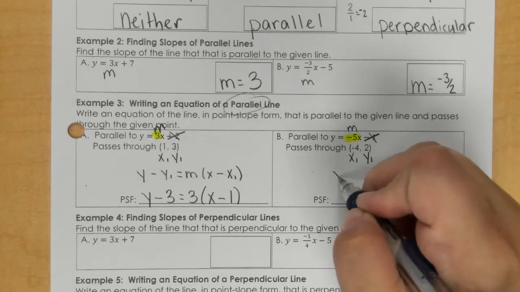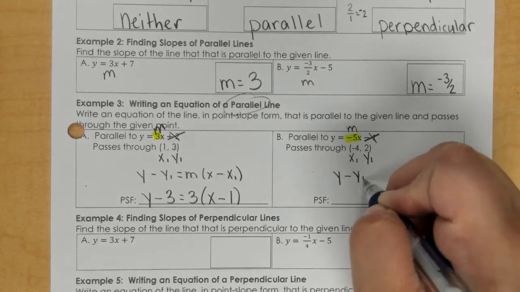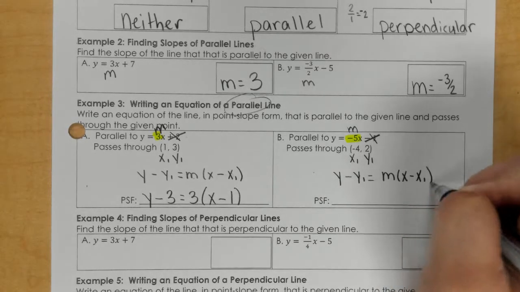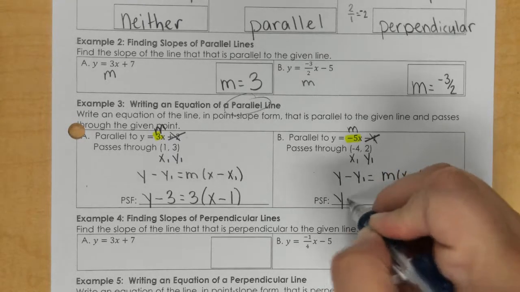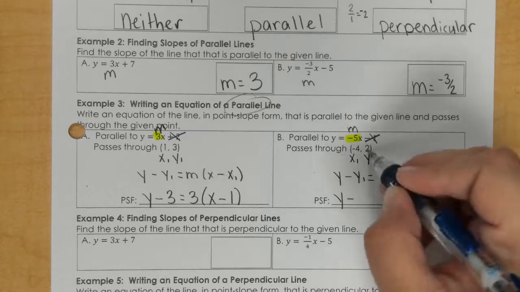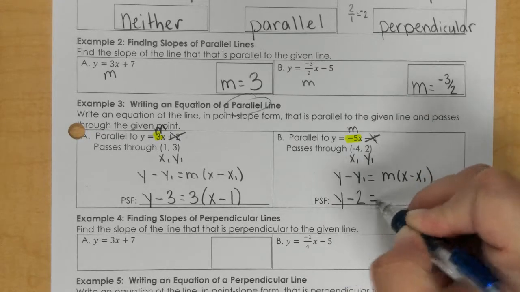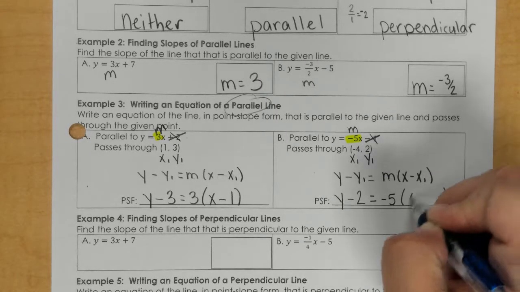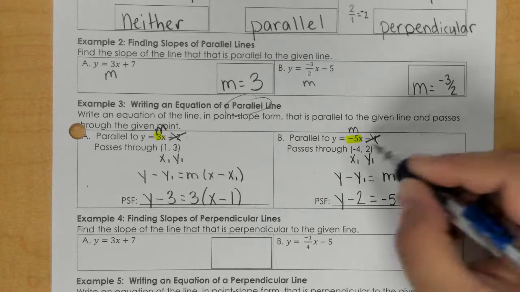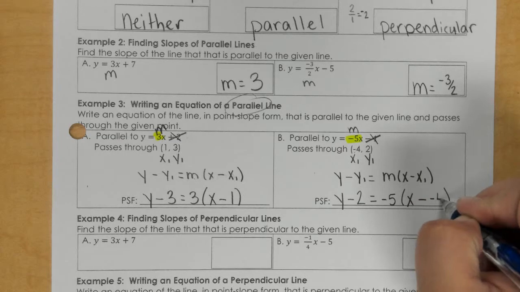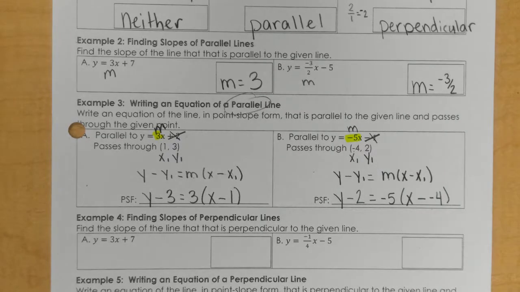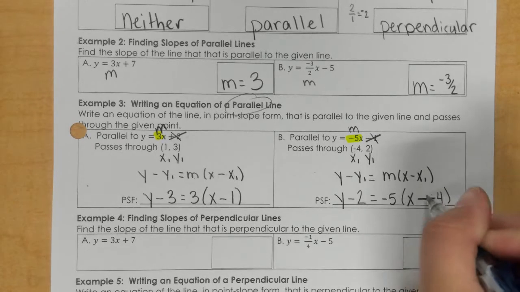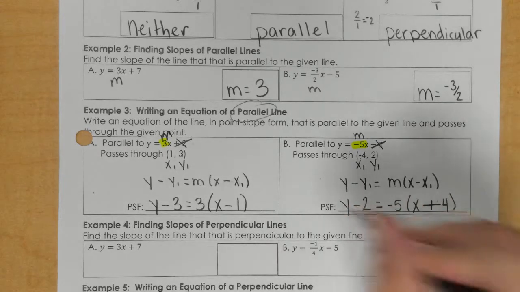So now I plug all of that in to my formula. So y minus y1 is 2. M is negative 5. And then I have x minus x1, which is a negative 4. And like always, check for double negatives. So here, this becomes positive, and the rest looks okay.